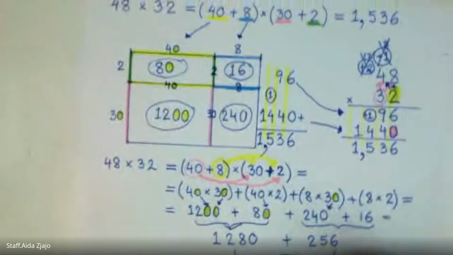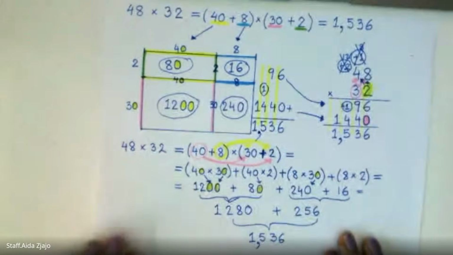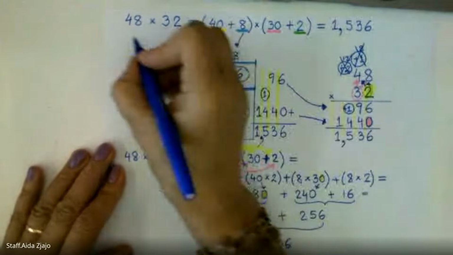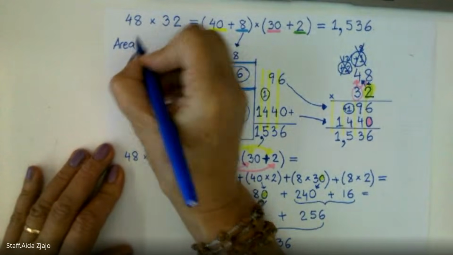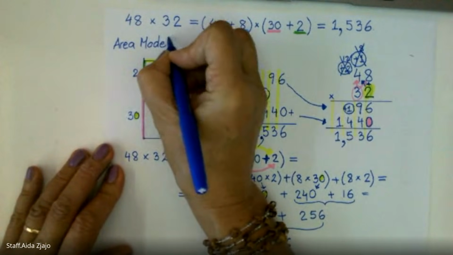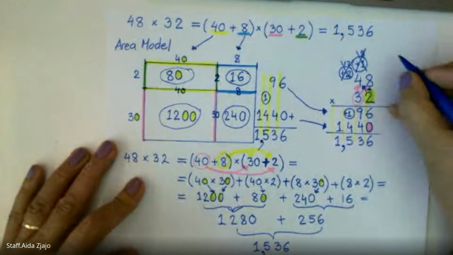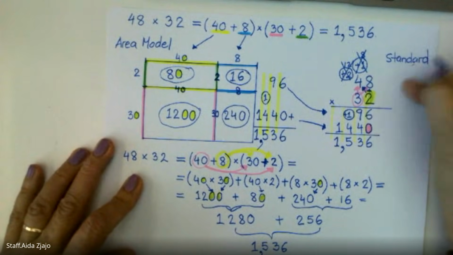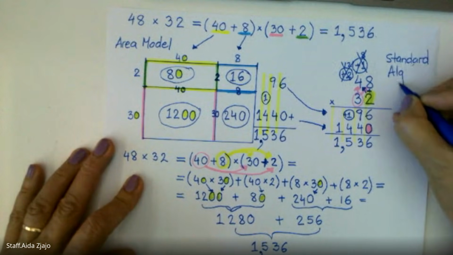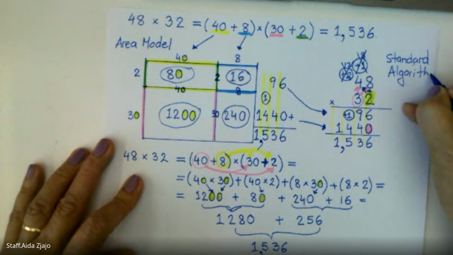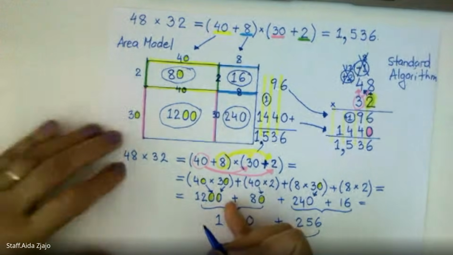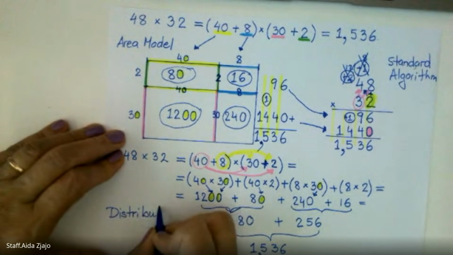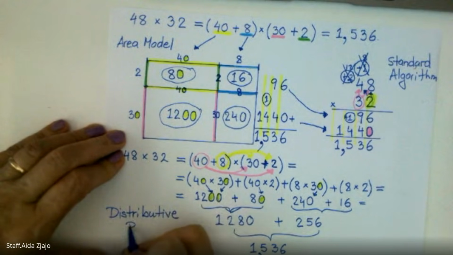So now you can see how these, so this is area model. This is standard algorithm. And this is distributive property.